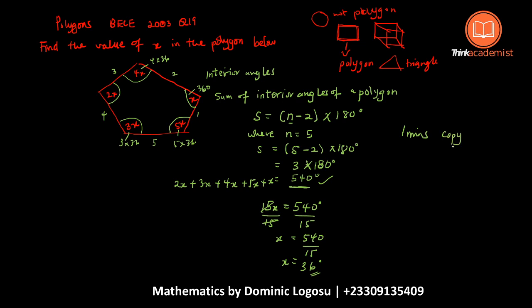So the past question we want to look at now is from BECE 2003, and it has to do with angles. And then from there we'll look at the same BECE 2003, we'll look at right angled triangles.